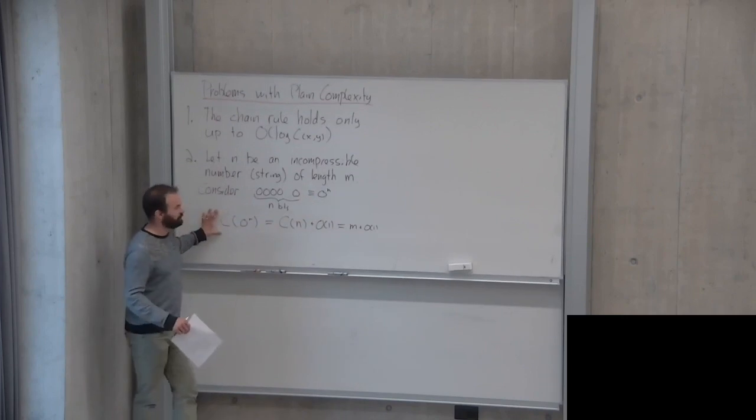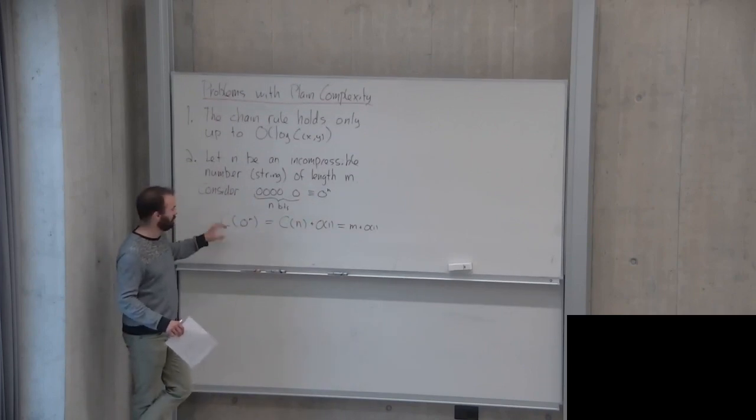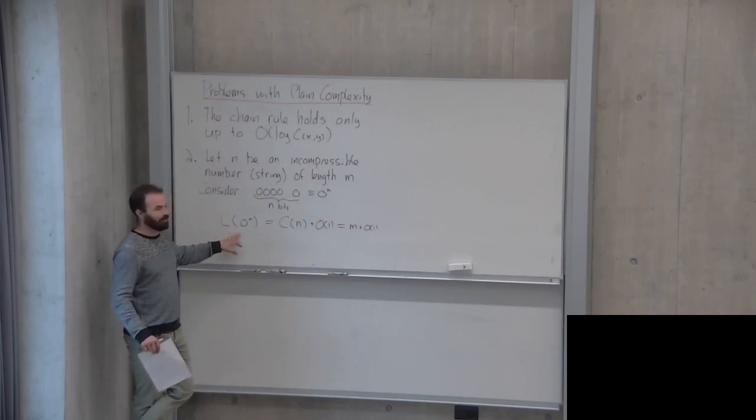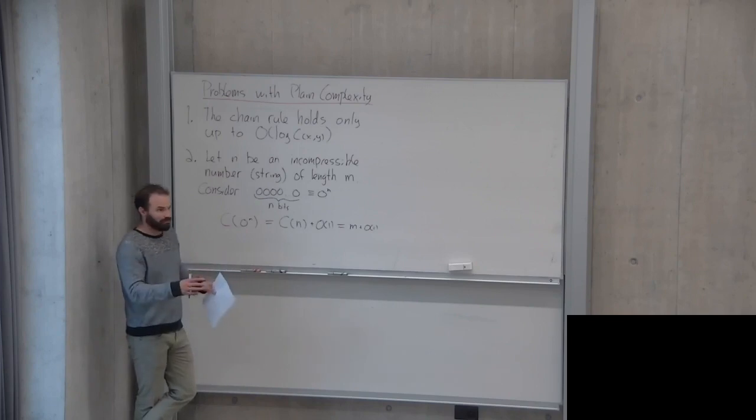But let me go back again to the first equation. How do we show an equation like that? Well, as usual, if you have a program that can print 0^n, you can transform it into a program that can print n, with just a constant overhead that is independent of n.